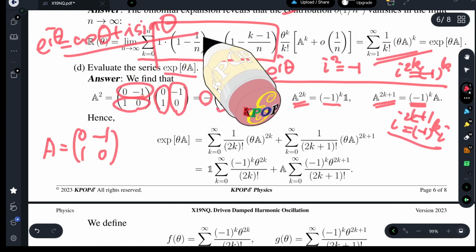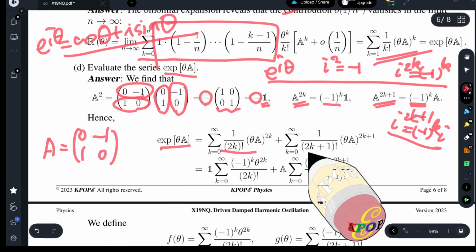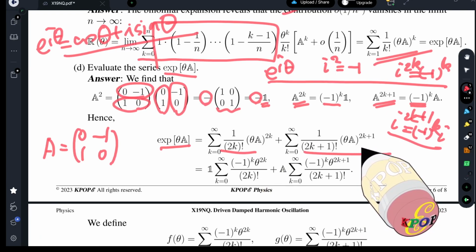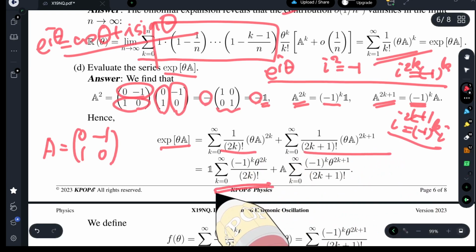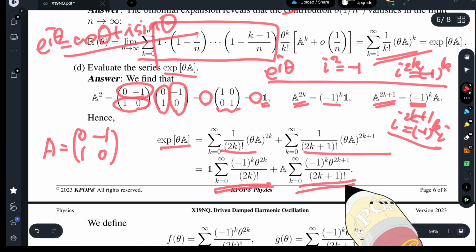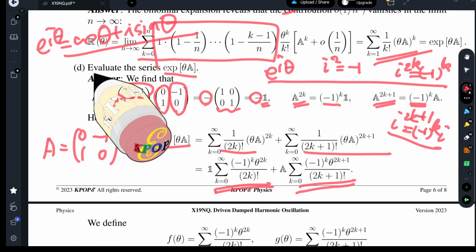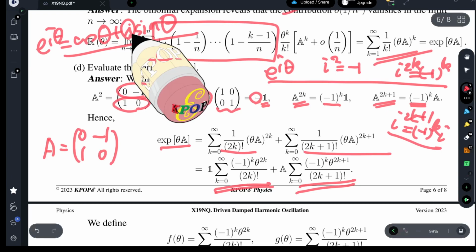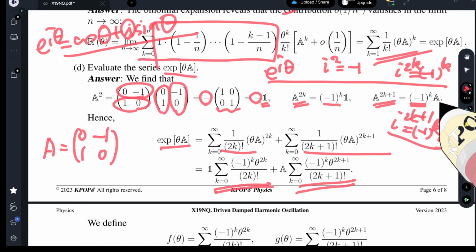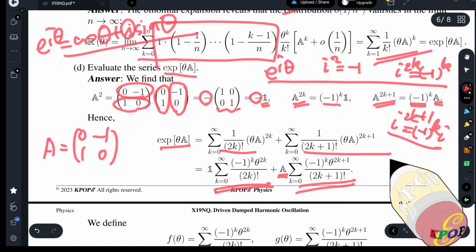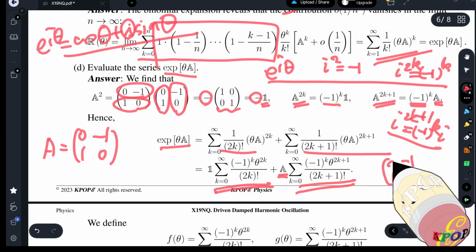An identical method is applied to obtain the separation of even powers and odd powers. Even powers give cosine and odd powers give sine. In the expansion of e to the i theta, we had an additional factor of i. Here, instead of i, we have an additional factor of matrix A. And matrix A is this.